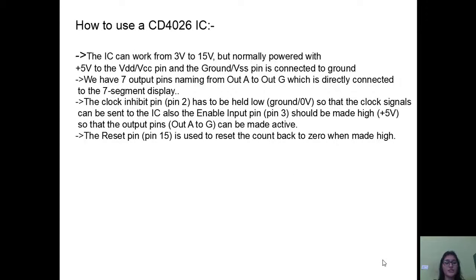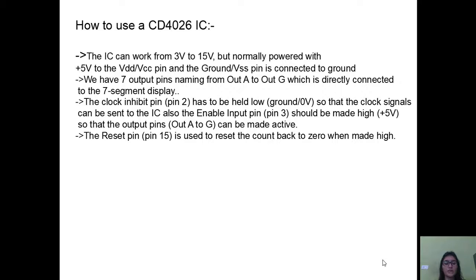How to use a CD4026 IC? The IC can work from 3 volt to 15 volt, but is normally powered with plus 5 volt at the VCC pin, and the ground pin is connected to ground. We have 7 output pins named out A to out G, which are directly connected to the 7 segment display.